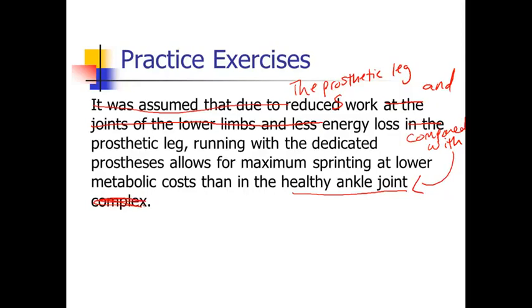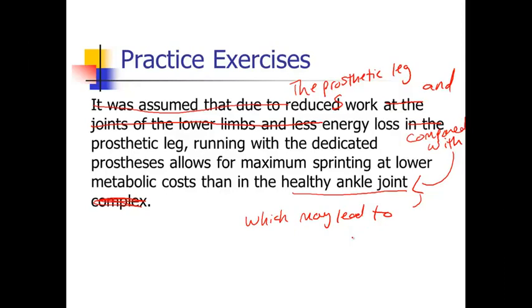And then because that's what we found, out of that we're making some conclusion. That's what they're calling their assumption. We're guessing that if that's true, that may lead to something. And what it might lead to is, it may be the case that there are lower metabolic costs during maximal sprinting.